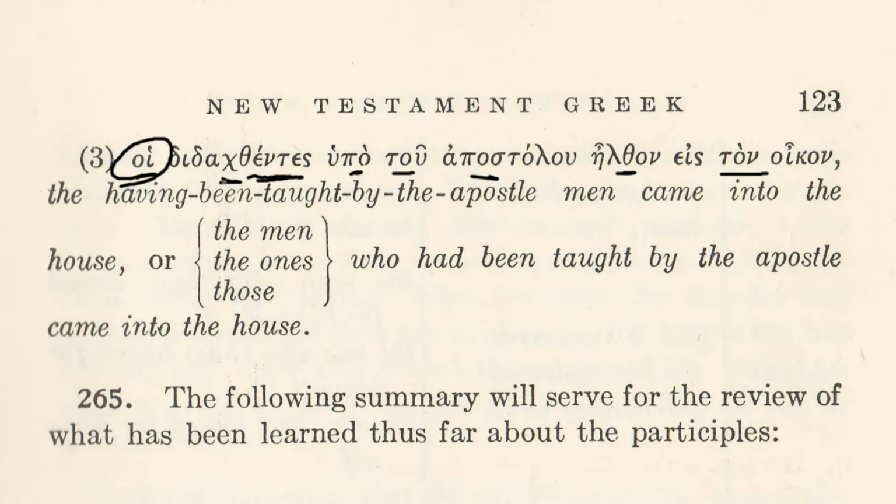So it's the having been taught ones, the having been taught ones, and I notice that this is the nominative, masculine, plural, the having been taught, hupo tu apostolou, by the apostle, the having been taught by the apostle ones, and then that is the subject of the sentence, went, eilthon, eiston, oikon, into the house. Those who had been taught by the apostle went into the house.